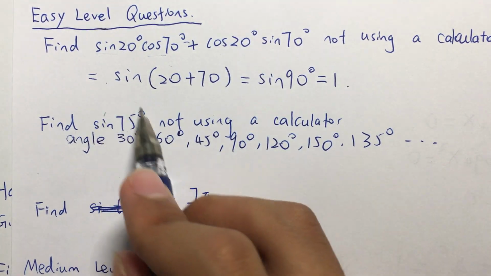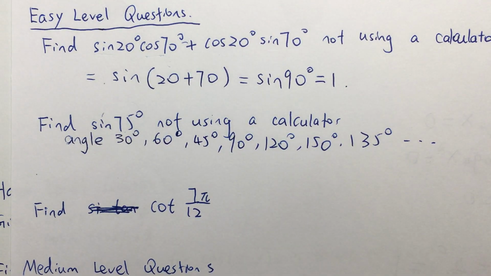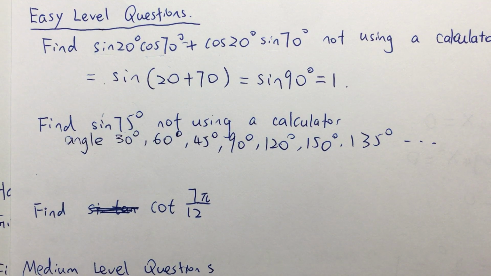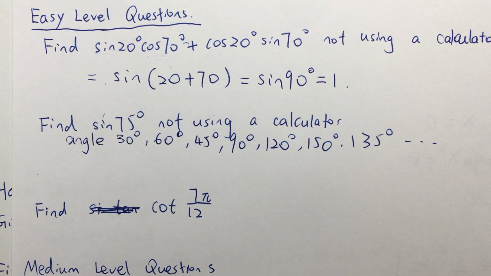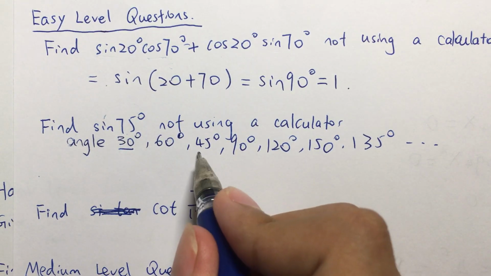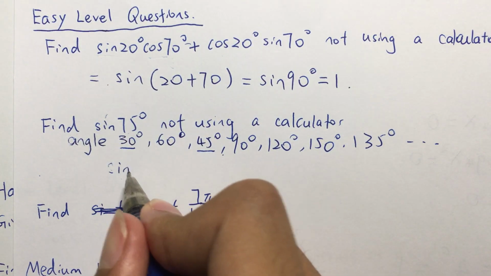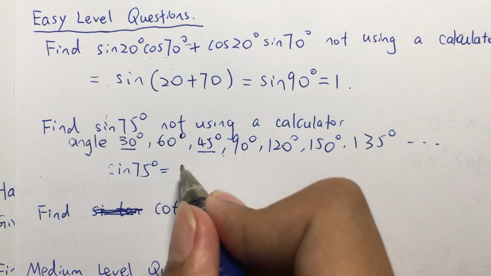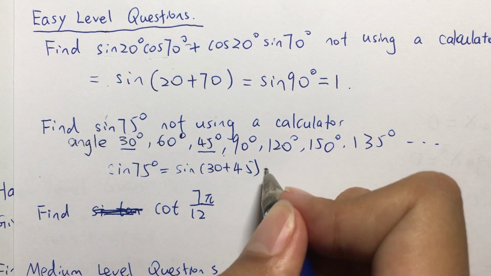So there's no such thing as 75 degrees. So now how do we do this? Now we use the compound formula again. Because we can find sine 30 degrees and sine 45 degrees, we can just write sine 75 degrees as sine 30 degrees plus 45 degrees.